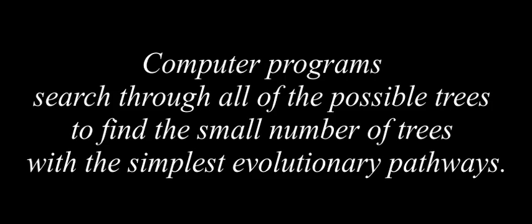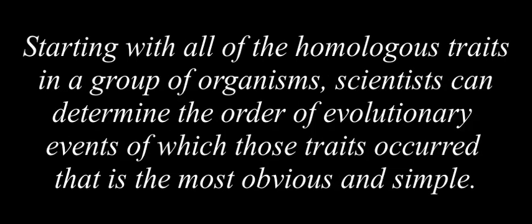Computer programs search through all of the possible trees to find the small number of trees with the simplest evolutionary pathways. Starting with all of the homologous traits in a group of organisms, scientists can determine the order of evolutionary events in which those traits occurred that is the most obvious and simple.